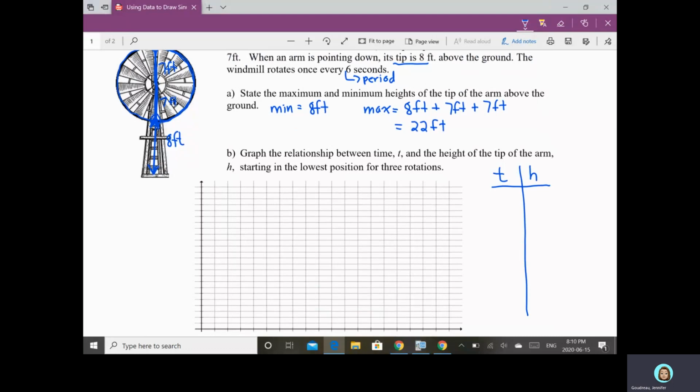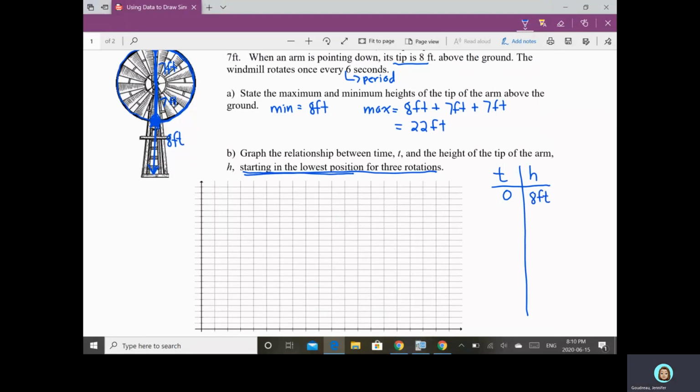We are going to start our table of values with this information. We are starting in the lowest position. So when time is equal to 0, the tip of the arm is facing down, which we know is our minimum height of 8 feet.